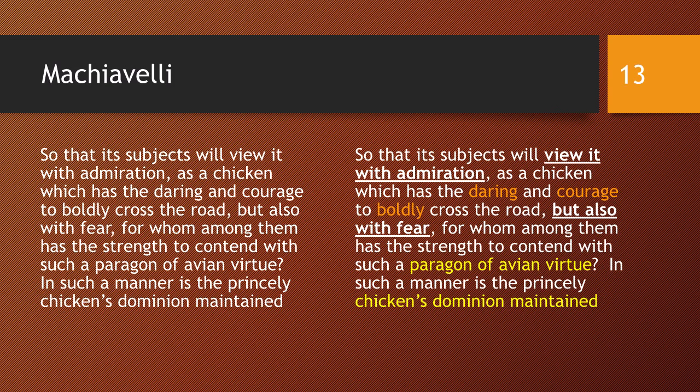We have these two opposing ideas that are kind of parallel structure in a way, but make us very reflective. We have the words daring, courage, and boldly that create this diction of strength and conquest, like there's an adventure. And then we have the terms in yellow, paragon of avian virtue and chicken's dominion maintained. These are much more academic in nature.